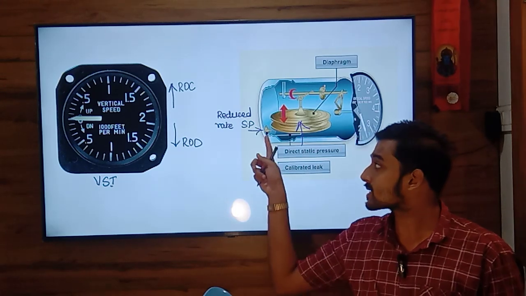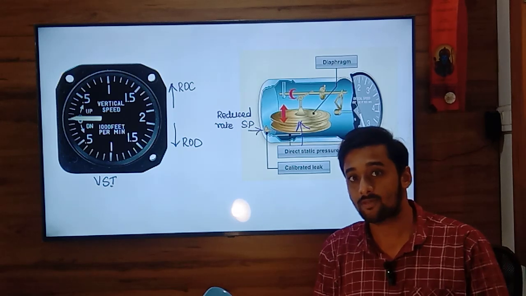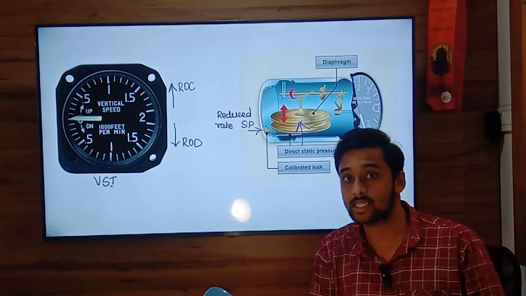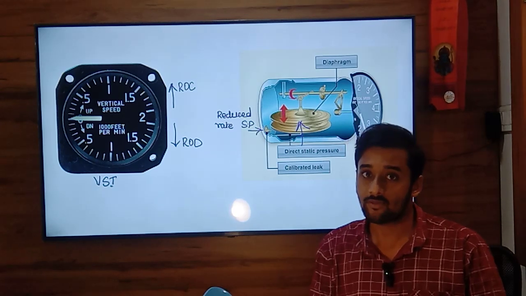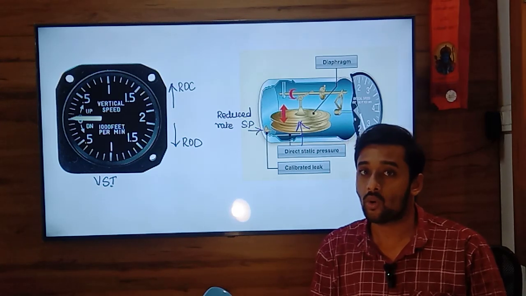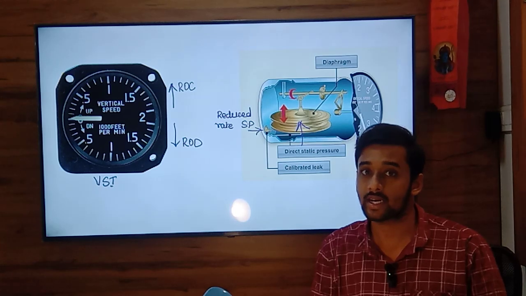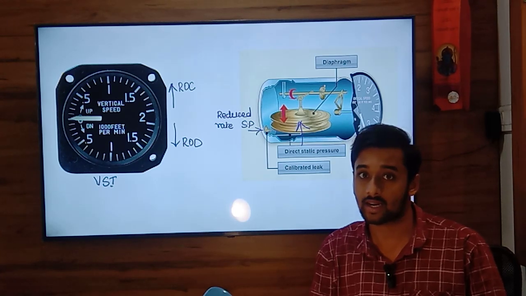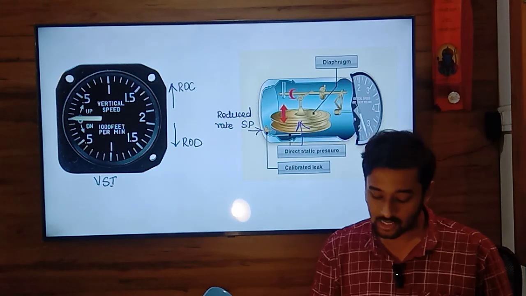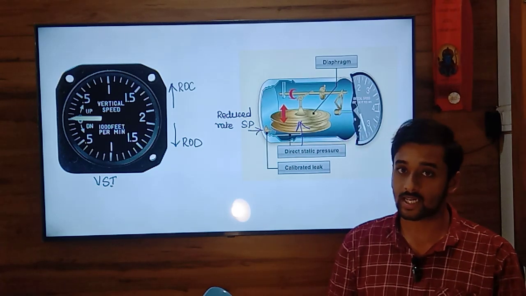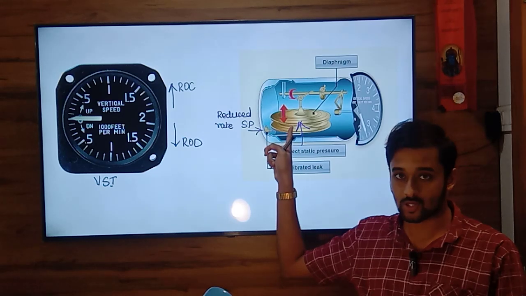But in the case of this calibrated leak, at which pressure is released at a calibrated rate in the instrument, that will be constant. So the only way that we can determine the VSI rate, how fast we are climbing or how fast we are descending, depends on the barometric pressure or static pressure going in the aneroid capsule.